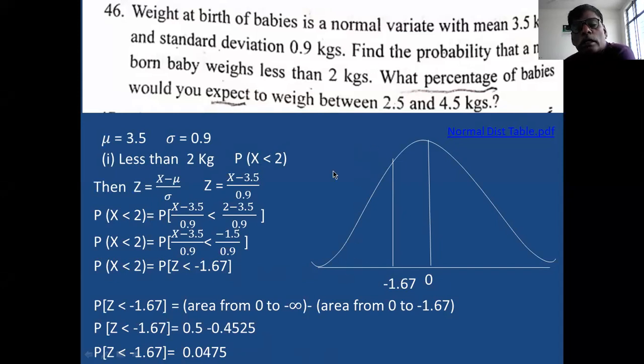In the first question they asked to find the probability. This is the probability.